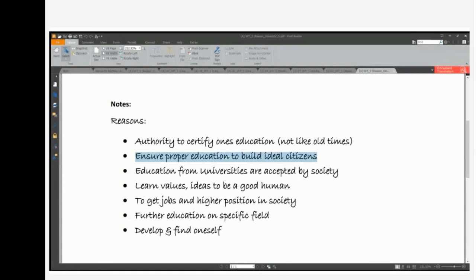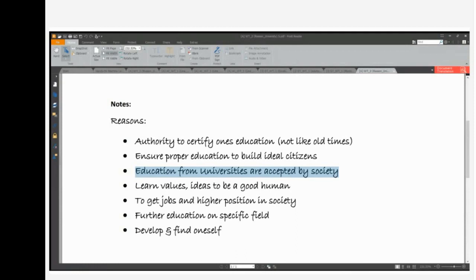The third point that we can discuss is that education from universities is accepted by the society. So as you can see, once someone has a certificate from a particular university or some education level already covered from university or college, then there is a certain level of expectation from that particular person that he will do such things, and also society accepts that person as a credible person to follow and to listen to, something like that.